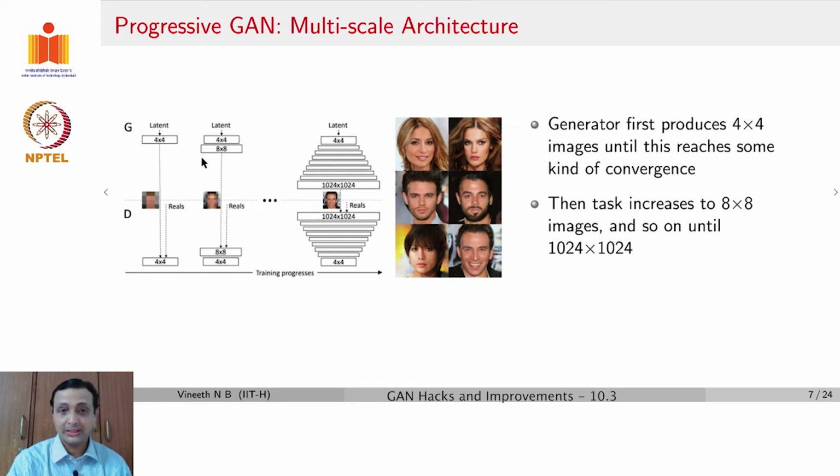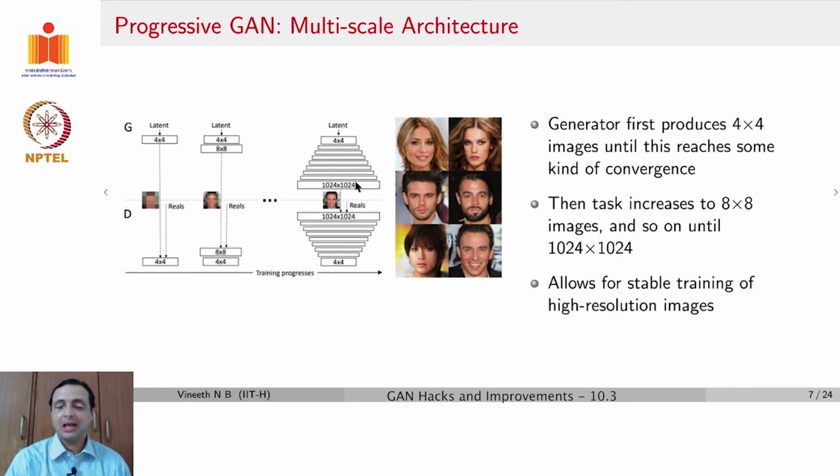You can also notice here that there are some layers added in the generator as well as the discriminator when the next higher resolution is generated. And this is repeated over and over again until we get a final generation of 1024 x 1024 image. The key idea that this allows is for stable training of GANs for generating high resolution images.